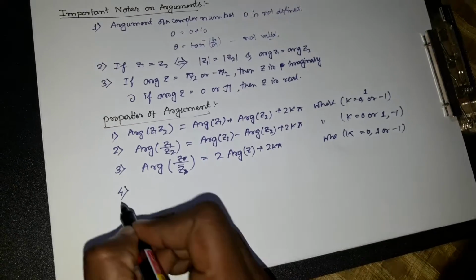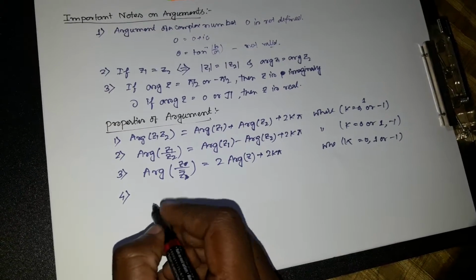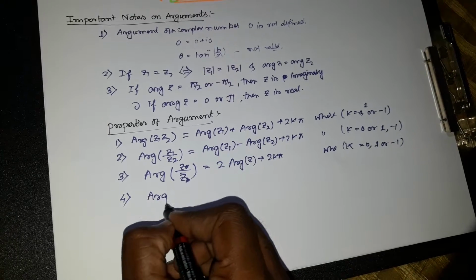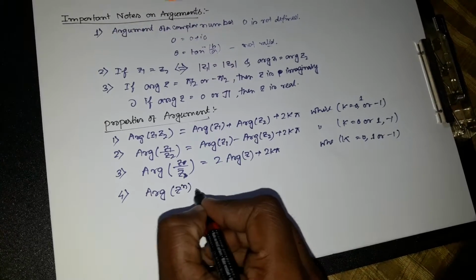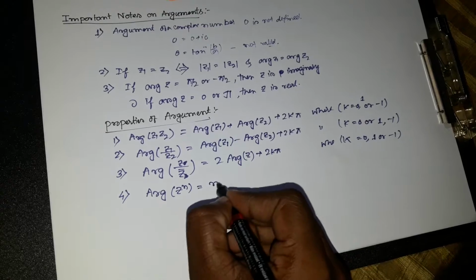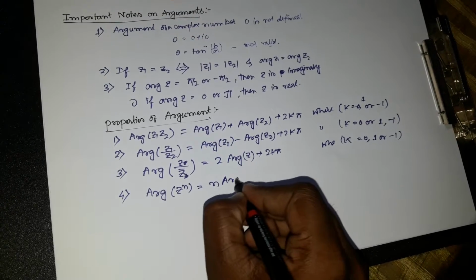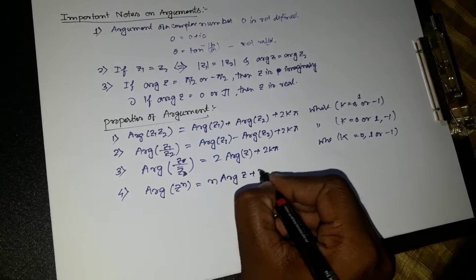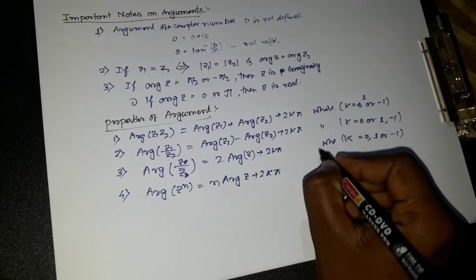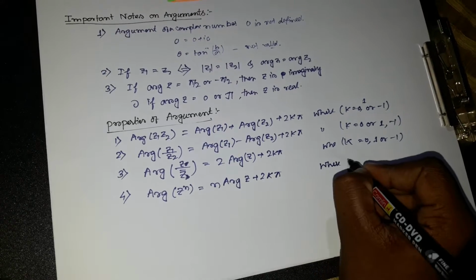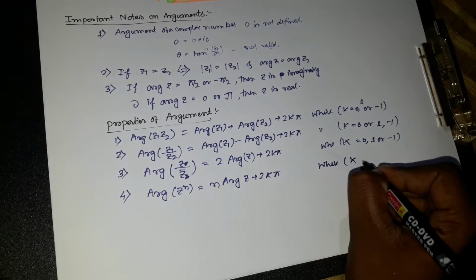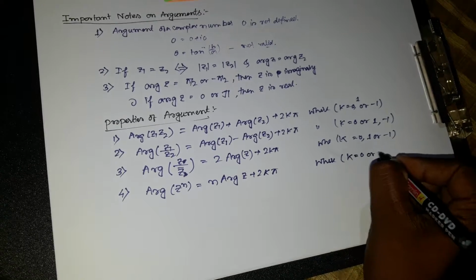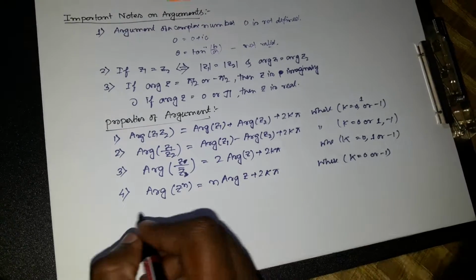Number 4: argument of z to the power n equals n times argument of z plus 2k pi, where k is 0 or minus 1.